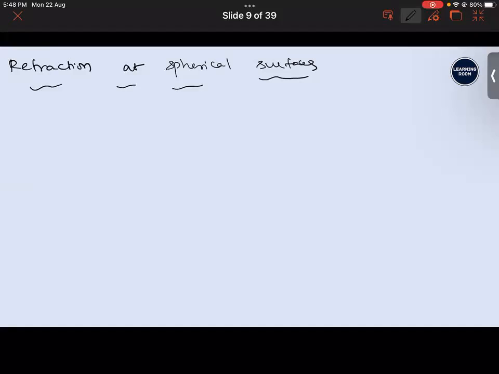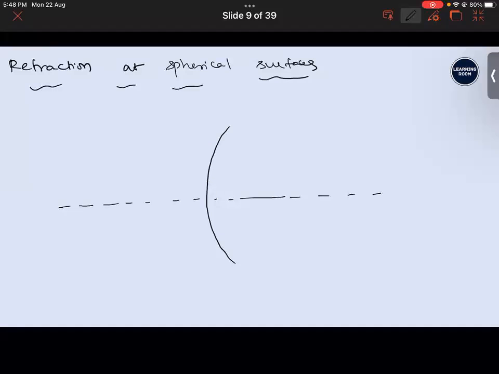Okay, so you have a boundary like this, and remember, this is neither a concave mirror nor a convex mirror. It is not a mirror. It's not even a lens. Lens will have two spherical refracting surfaces. It is just a boundary which is in curve shape, meaning on the left hand side also it is transparent, on the right hand side also it is transparent.